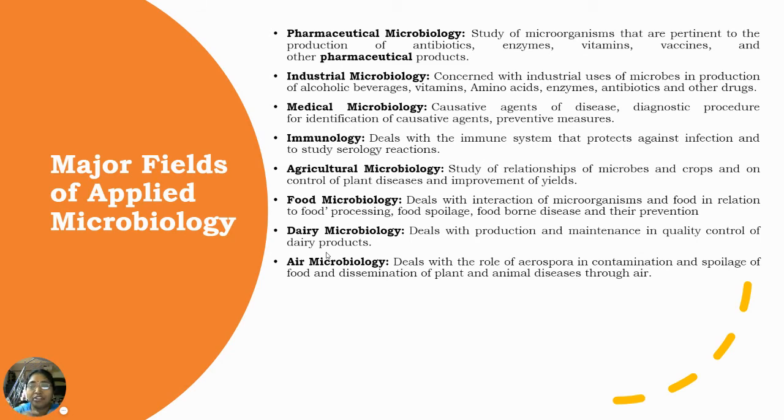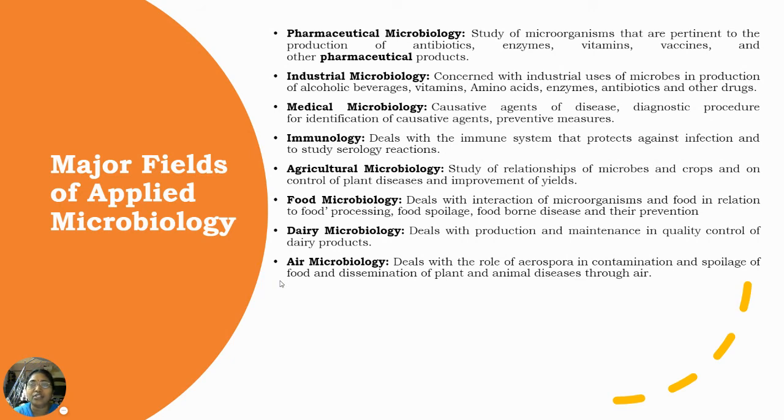Under air microbiology, it deals with the role of aerospora in contamination, what type of contamination we get, and the spoilage of food. When food is exposed, that's why we say everybody should not take outside food, street food, because they do not cover the food.